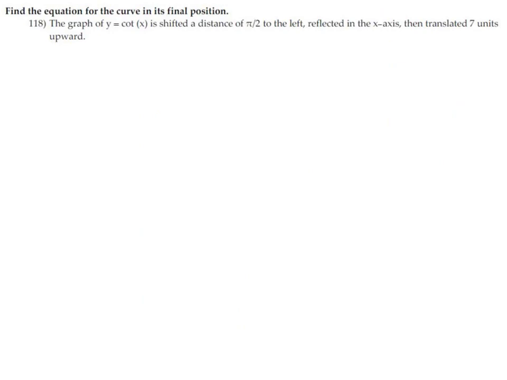Find the equation for the curve in its final position. The graph of y equals cotangent x is shifted a distance of pi/2 to the left, reflected in the x-axis, then translated 7 units upward. So there are 3 things, 1, 2, and 3. And we're going to track each one at a time.